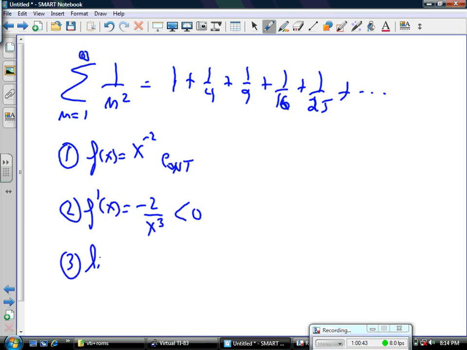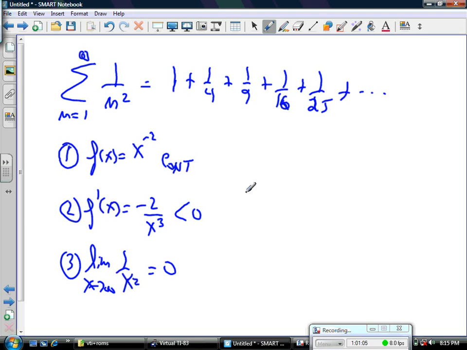And is the limit, as x goes to infinity, of the function we created 0? That's obviously 0. It just gets smaller and smaller. Okay. So it meets the 3 criteria of the integral test theorem, or the 3 antecedents.